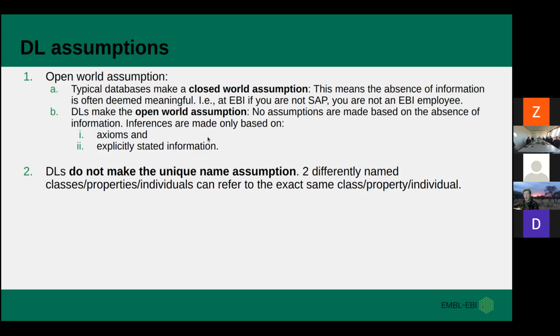But in description logics, that could be the case. And you may have to actually say explicitly that these things are different for the description logic to assume that they're different. So this is just for number two. I don't have exact examples of this in this session, but I wanted to mention it so that you are aware of this when you come across it by accident.